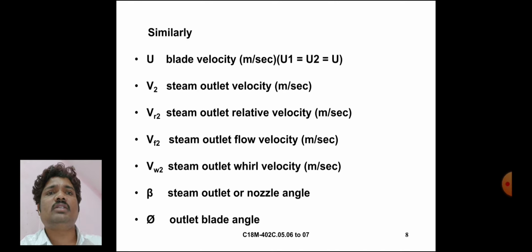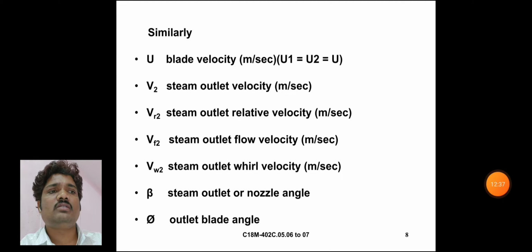Again, u is the blade velocity, V2 is the steam outlet velocity, VR2 is the steam outlet relative velocity, VF2 is the steam outlet flow velocity, and VW2 is the steam outlet whirl velocity. Beta is the steam outlet or nozzle angle, and phi is the outlet blade angle.